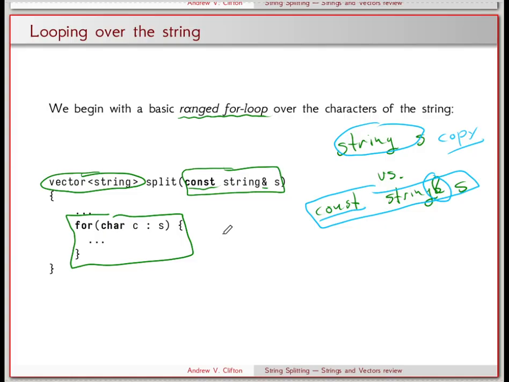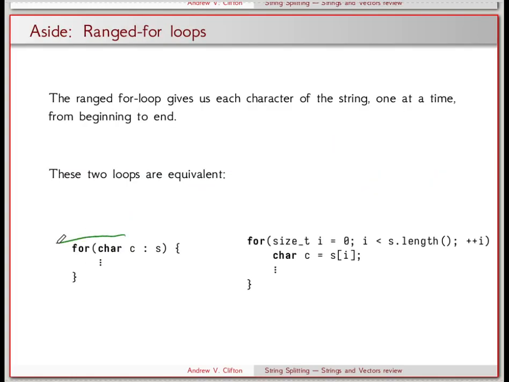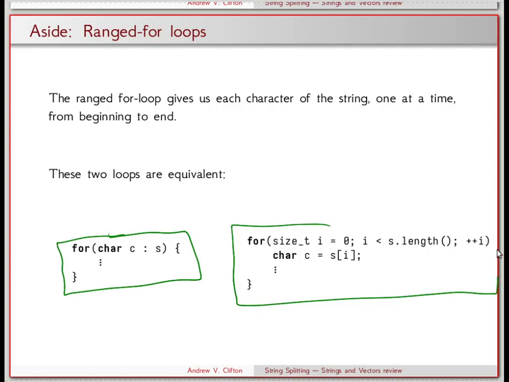If you haven't seen the ranged for loop before, or you're not super familiar with it, it's pretty easy. It basically gives you what you want a lot of the time. If you write a ranged for loop there, that's exactly the same as if you just looped over the characters in your string from beginning to end, one at a time.